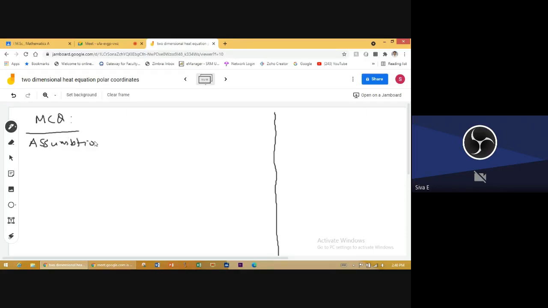Assumptions on this MCQ: one dimensional wave equation.